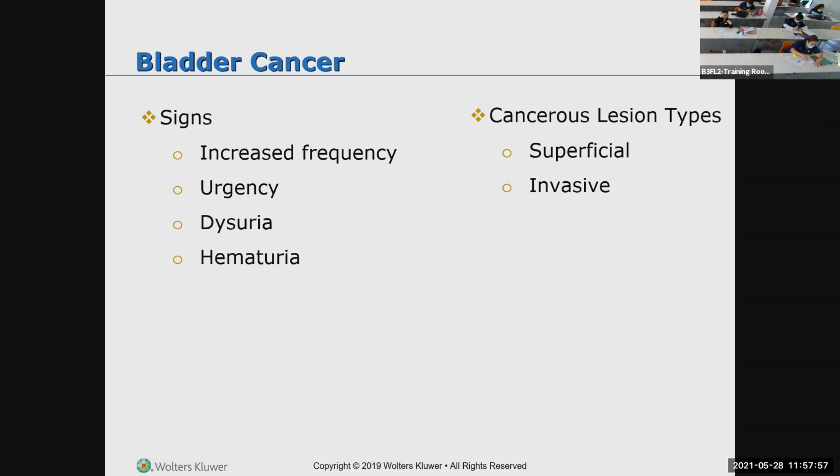Dysuria is a painful micturition. An important one over here, above all, hematuria. That is a red flag. If the patient's urine is reddish, coffee color, that means there is a red flag that something is wrong in the urinary bladder.